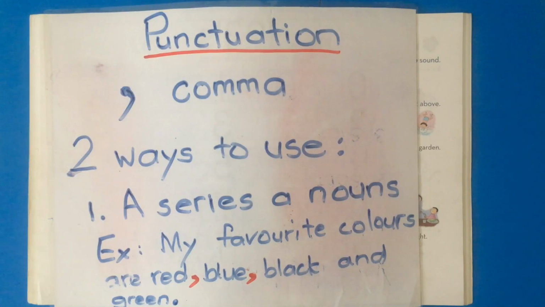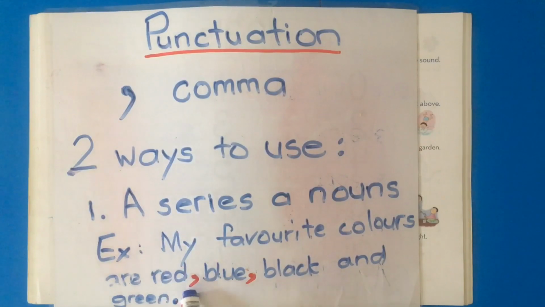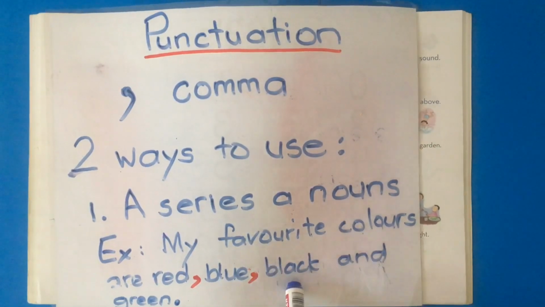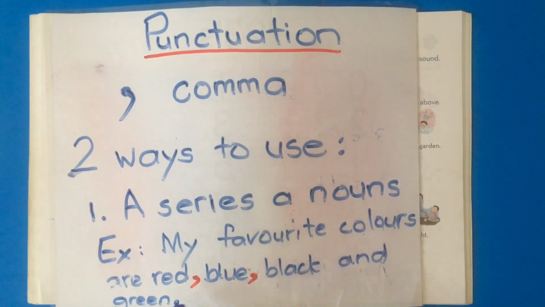We use the comma to separate the words or groups of words in a sentence. Example: my favorite colors are red, blue, black, and green.